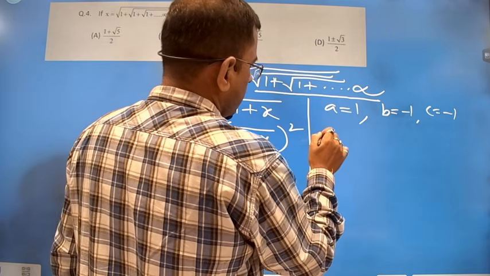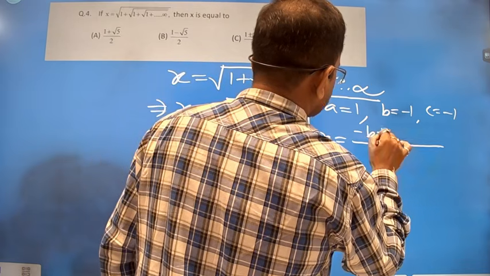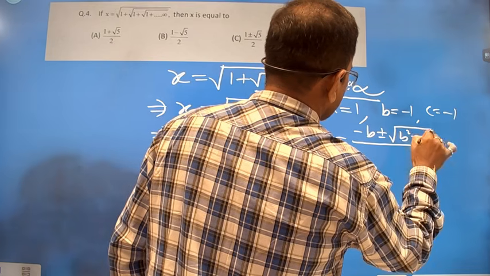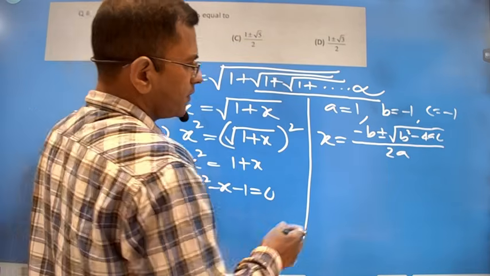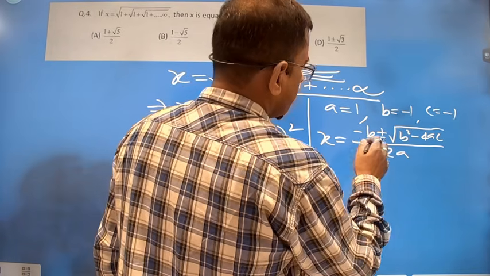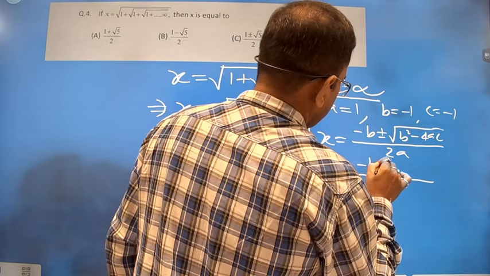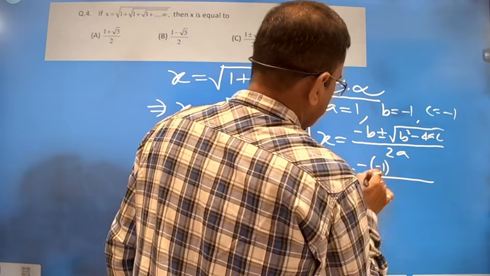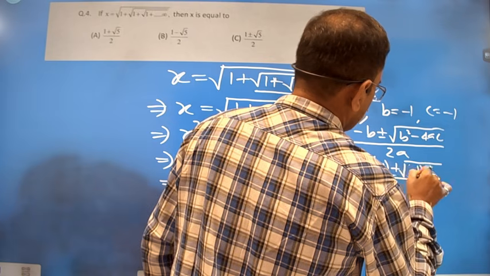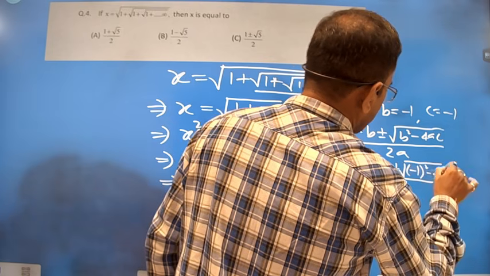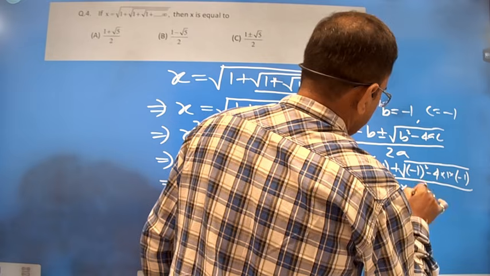The quadratic formula gives us x equal to minus b plus minus root over b square minus 4ac divided by 2a. So if you put the values of a, b, c here, you get x equal to minus of minus 1 plus minus root over minus 1 whole square minus 4 into 1 into minus 1, divided by 2 into 1.